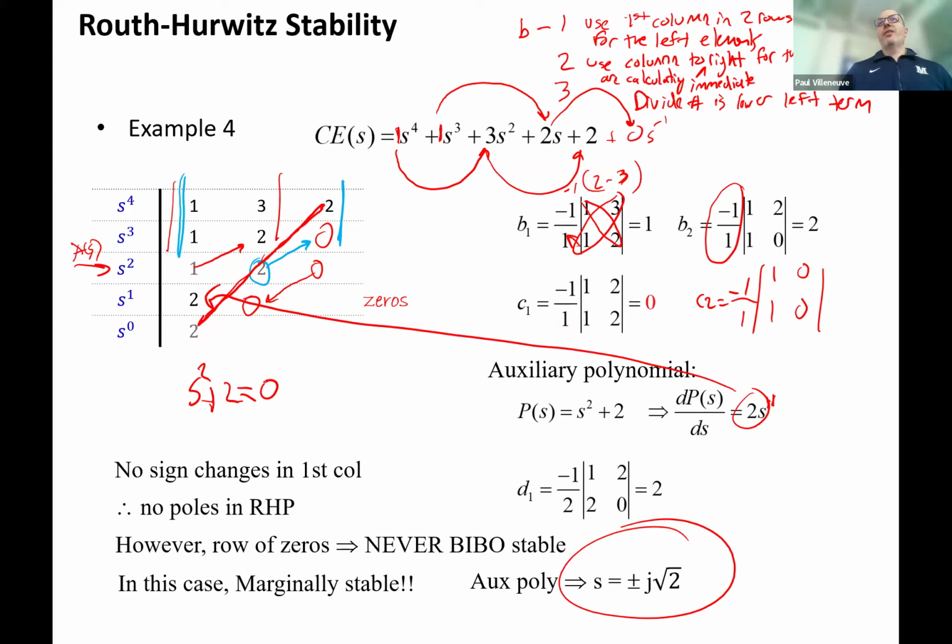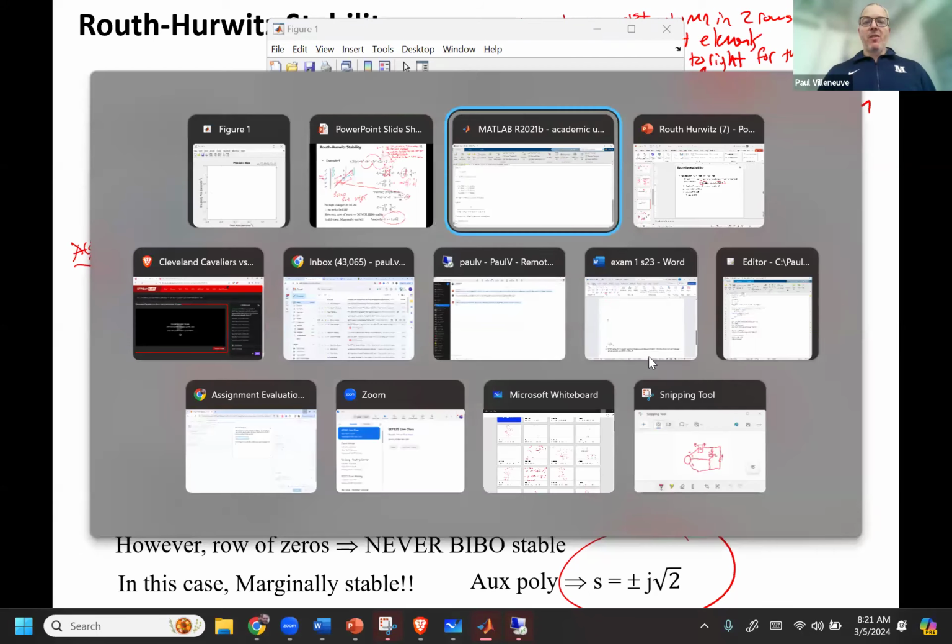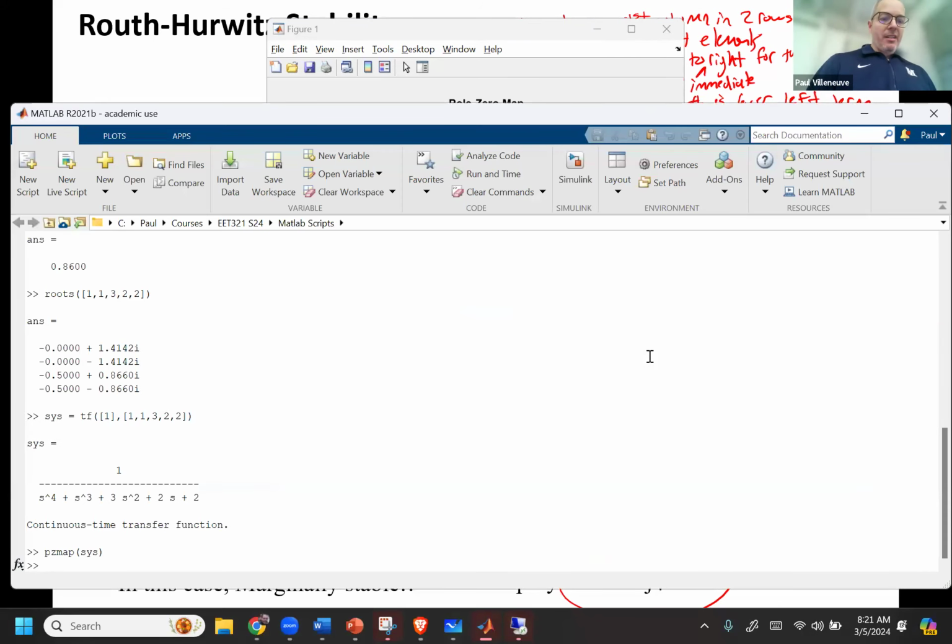What are the roots of this equation? Isn't that the same here? Hard to tell from the pole-zero map, but if we go all the way back to MATLAB, look right here.